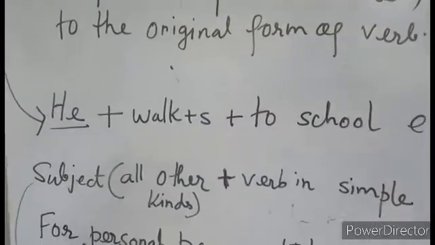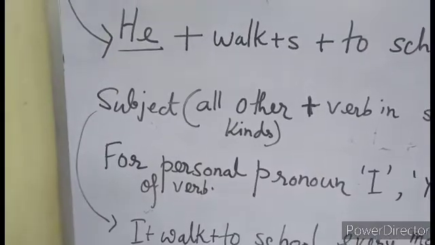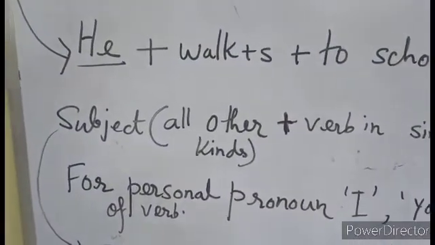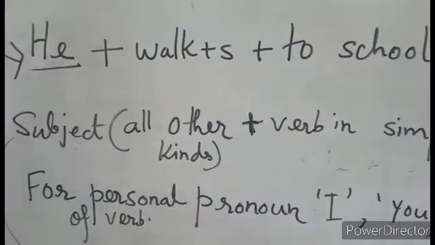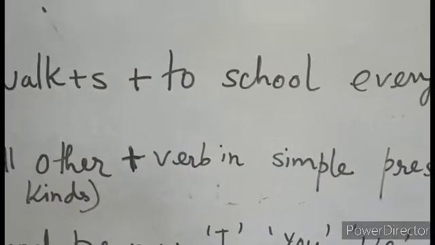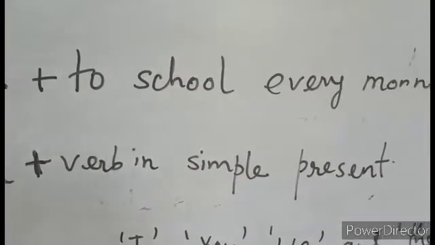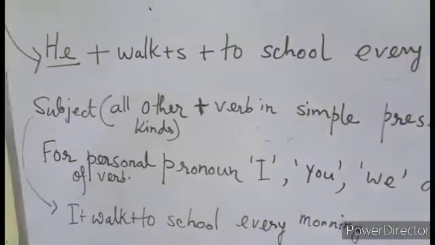Then the second structure: except third person singular number, if other kinds of pronouns are there, how to write? First the subject, then the main or original form of the verb, then the rest of the sentence.